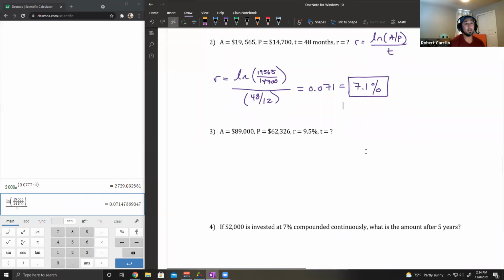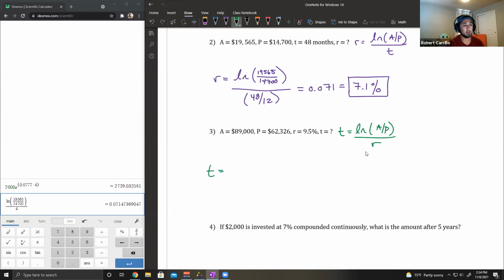All right. And then 3, we want to solve for T. A is 89,000. P is 62,326. R is 9.5. And we're looking for time. So that formula is T equals natural log A over P over R. Okay.